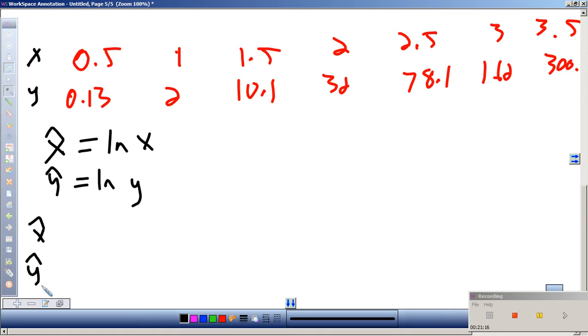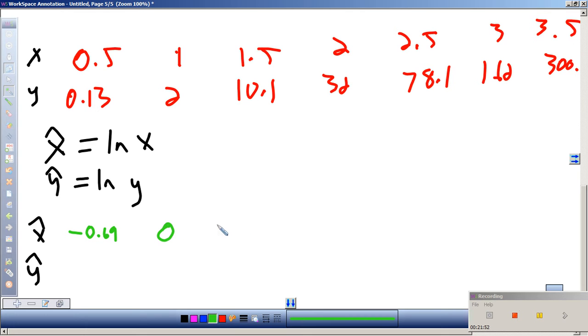Now, somebody want to start giving these numbers, natural log to the top and natural log to the bottom. So, natural log of 0.5. Anybody have it? Come on, somebody. Negative 0.69. Okay. Natural log of 1. Everybody should know this, right? 0.